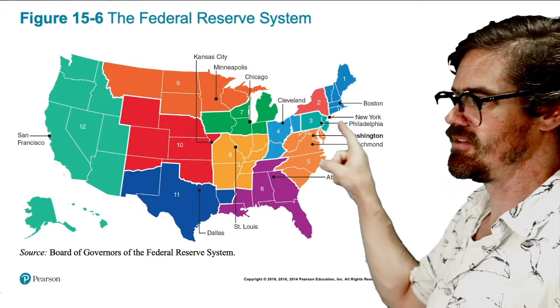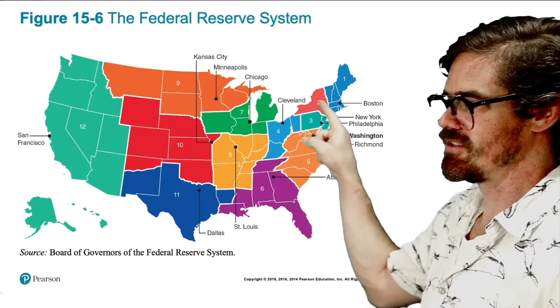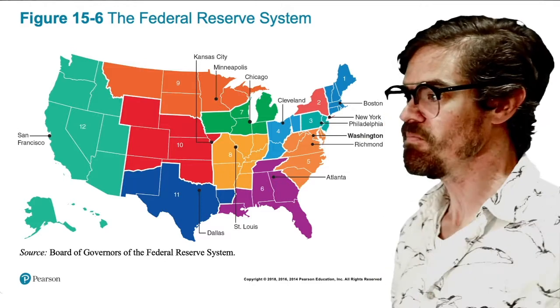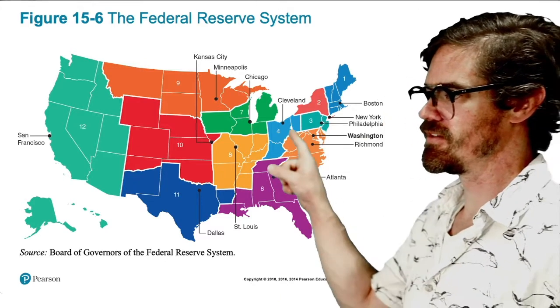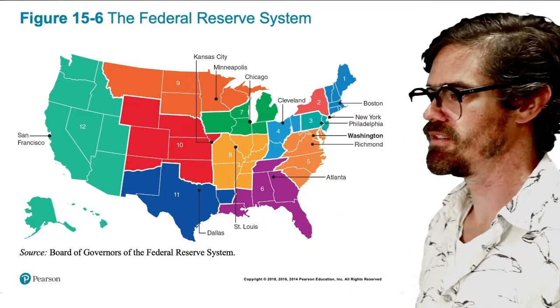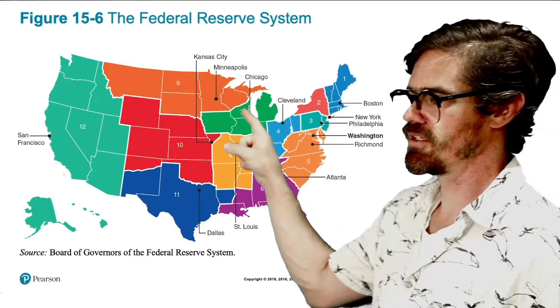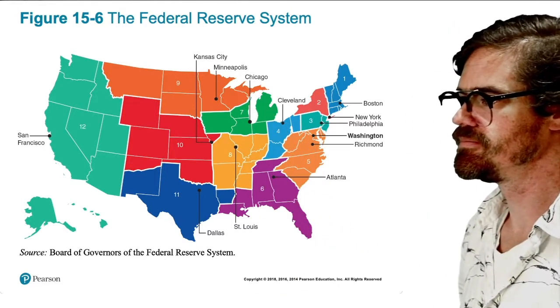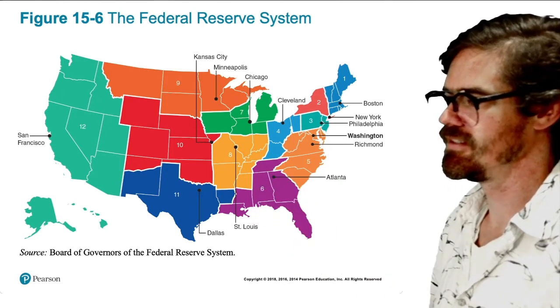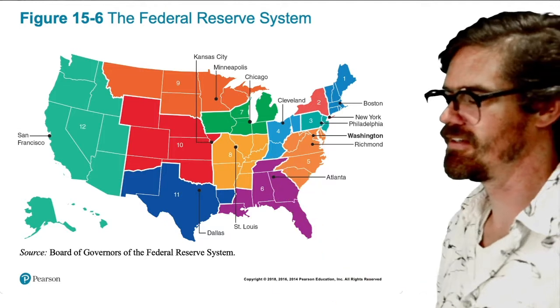Interestingly, New York is by itself a district. The other interesting thing is that Pennsylvania is split in half for some reason. So is Wisconsin. Oh, and Mississippi, and Tennessee. Interesting. And Kentucky. I didn't know that.